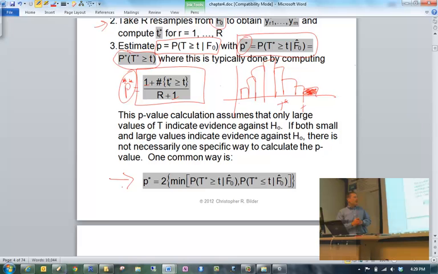Take p star to be equal to 2 times the minimum of how extreme you are on the right-hand side of the distribution or how extreme you are on the left side of the distribution. That's it. 2 times the minimum. 2 because it's 2 tails. You will see another way to calculate a two-sided test p-value later on.